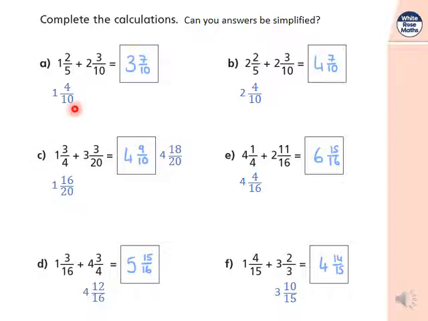So for question 1, we should have changed our 1 2/5 to 1 4/10, to give us 3 wholes and 7 tenths, and then that would have continued. If you got, for instance, 4 wholes and 18/20, could you have simplified that? Yes, you could, to 4 wholes and 9 tenths. Have a look and see your answers, and then we're going to move on to another problem.